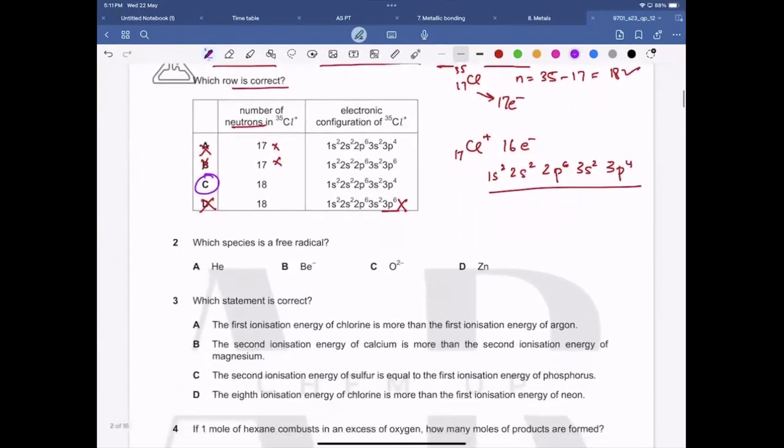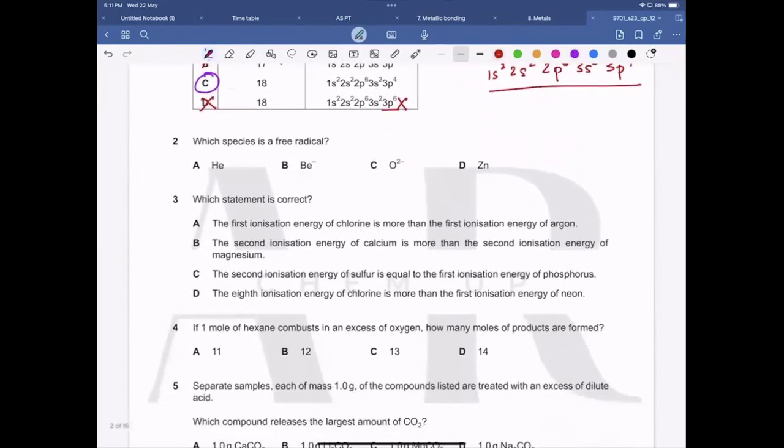Okay. Now question number 2. Which species is a free radical? If you recall, a free radical is one which has an unpaired electron. Any species which has an unpaired electron is called a free radical.